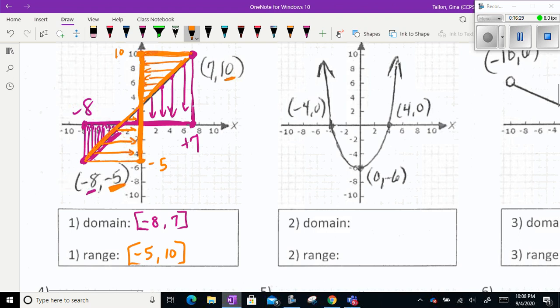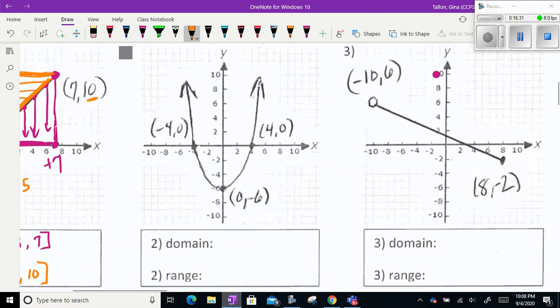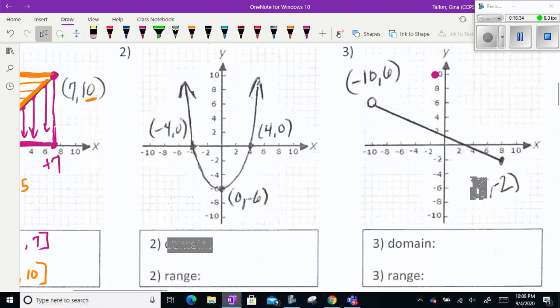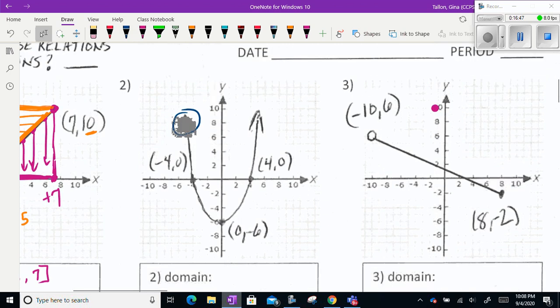Domain. Now let's talk about these arrows for a minute because we do have some. Let's get back to my purple here for domain. I will label something in blue for a minute. This arrow right here tells me that this graph will continue to go left forever and also up forever.